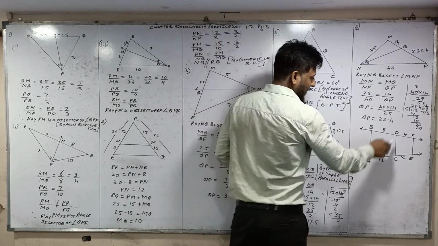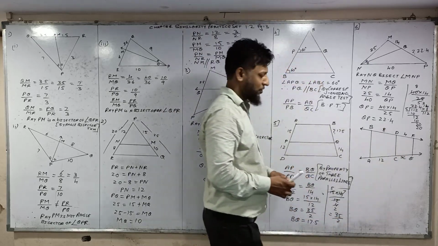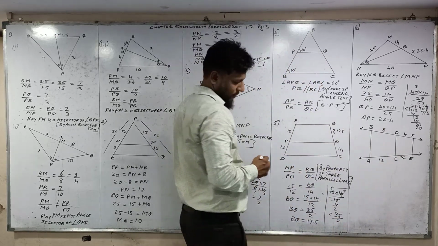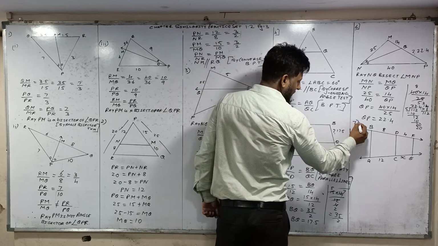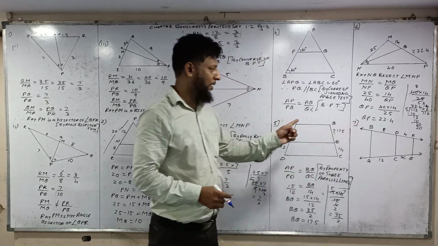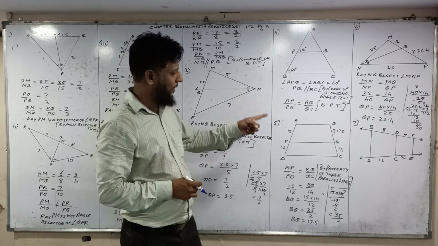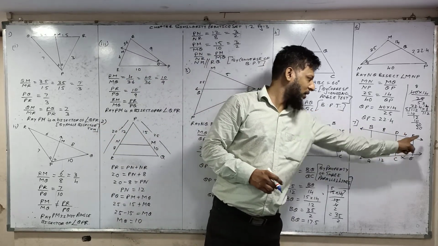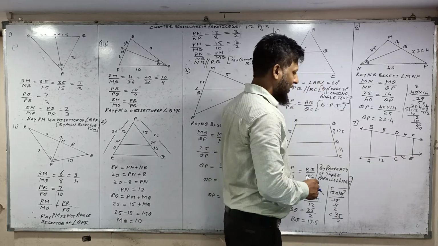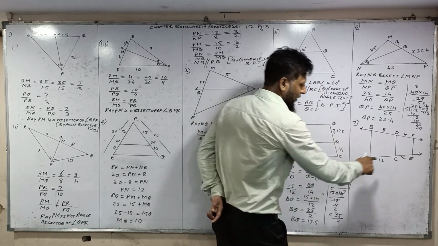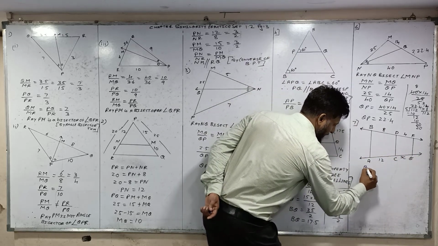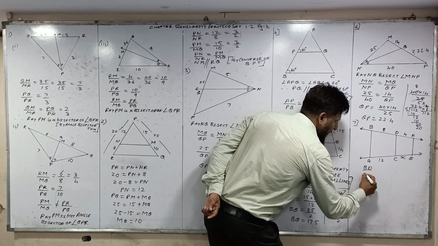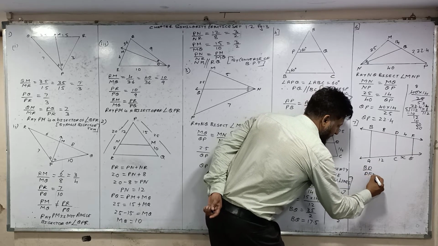Again, in this triangle, the property of three parallel lines. Question number 7. It is given that AB is parallel to CD parallel to EF, and these are two transversals. So we can write the proportion. We have to find the value of CE.